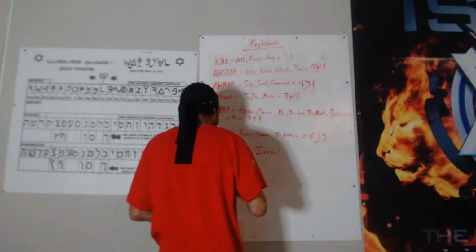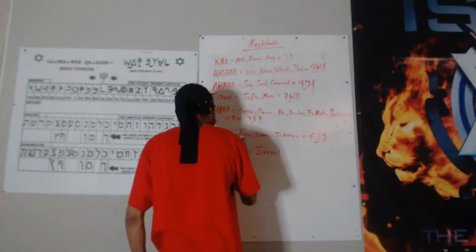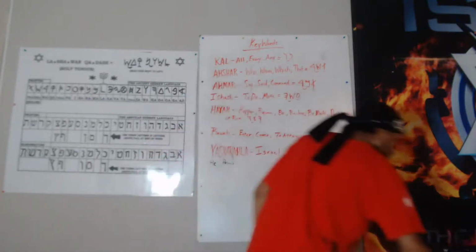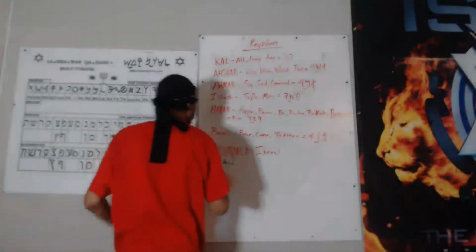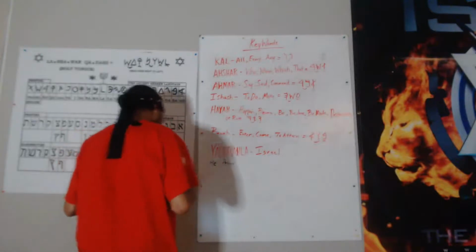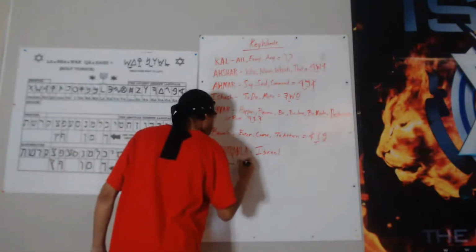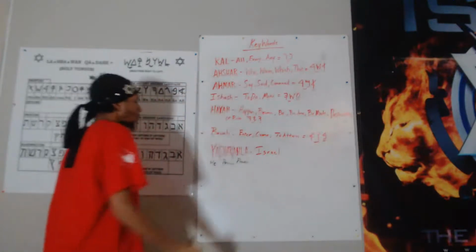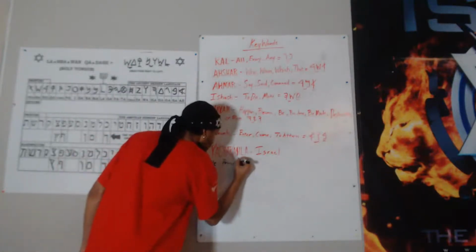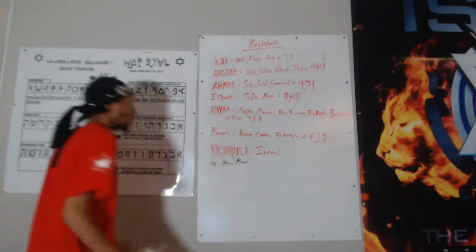Shar means prince, and El means power. It's no different when we say Elohim. You know what I'm saying?